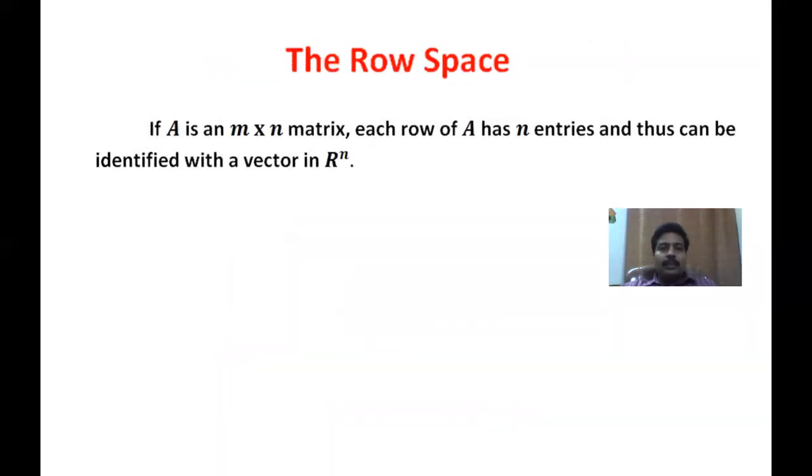And row space: the linear combination of all the rows is called the row space. So if A is an m by n matrix, each row of A has n entries and thus can be identified with a vector in Rn.